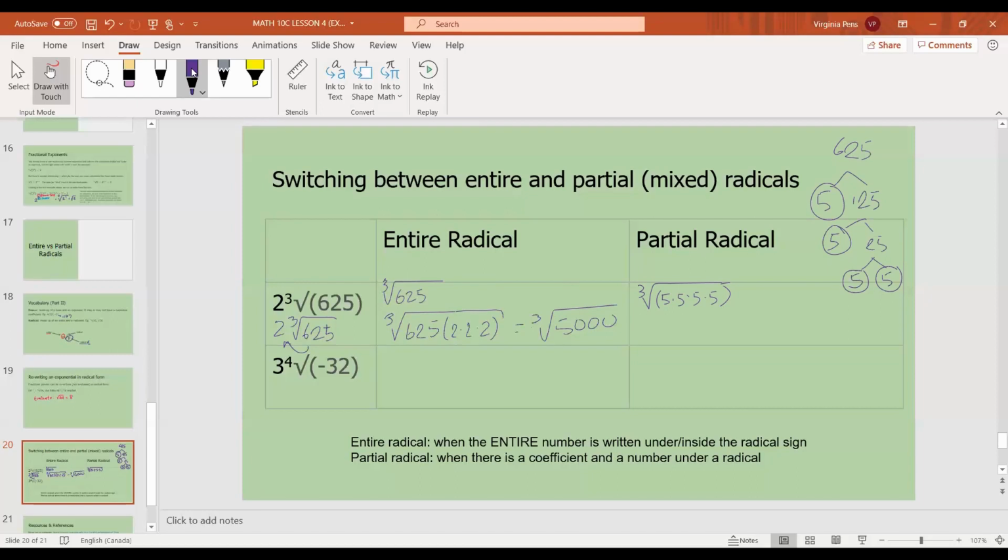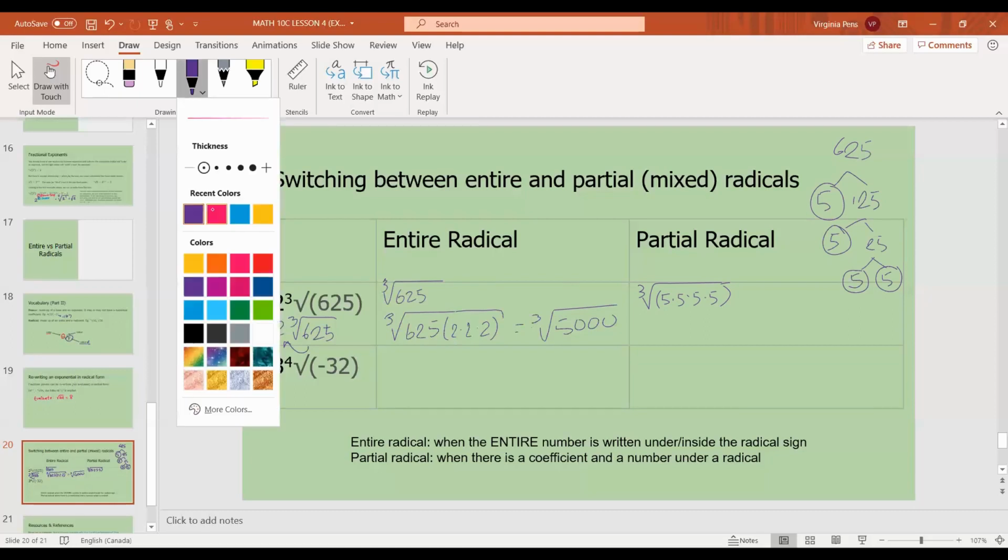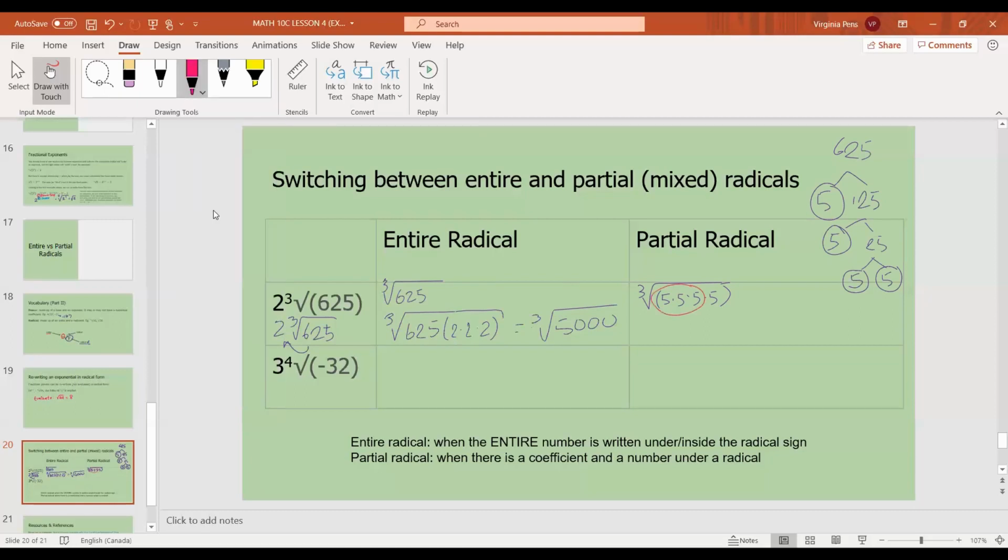So what we can do now is that for every group of 2 fives, let me grab a different color, for every group of 2 fives, we can take 1 five out. So this will leave us with 5 times square root of 5.